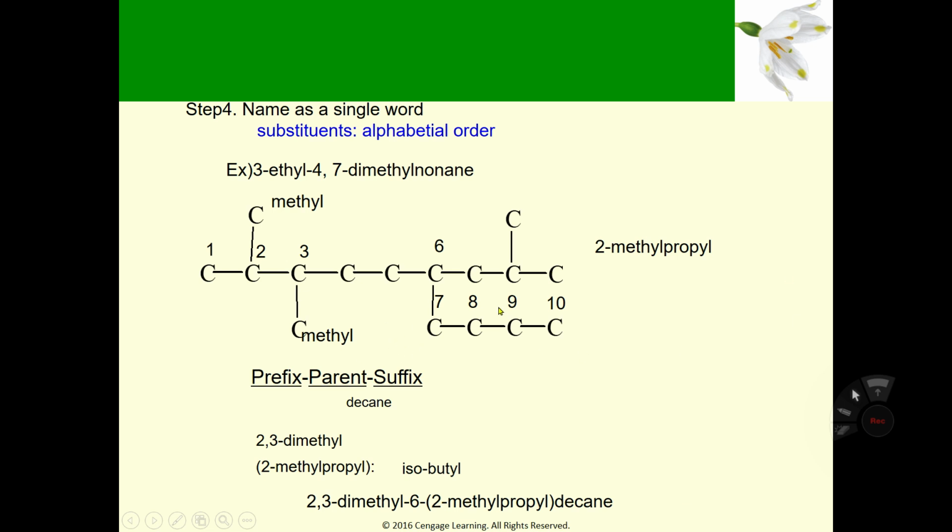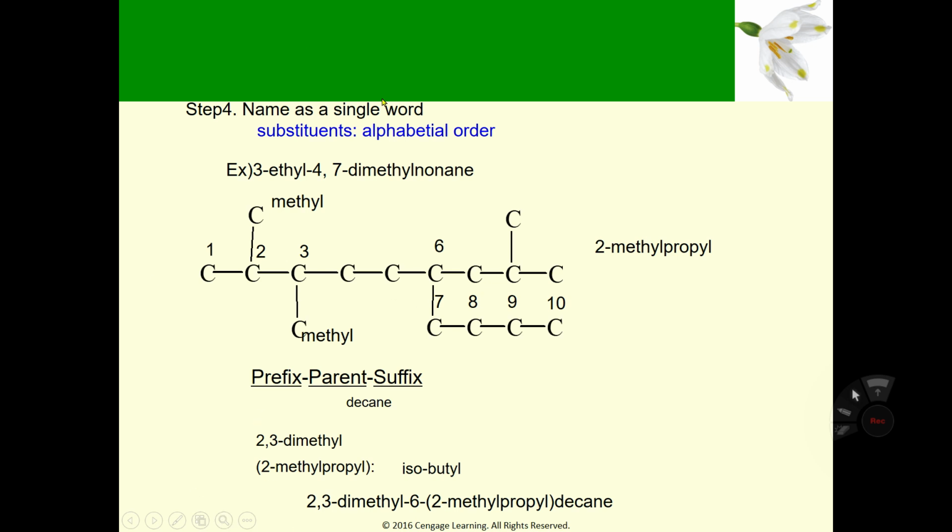And also this compound, this is propyl, but this is 2-methyl, right? This is substituent of this. This is parent, this is substituent, but inside of substituent there is another substituent. This is main chain. So this is like a propyl, but 2-methyl propyl, that's the substituent, right?